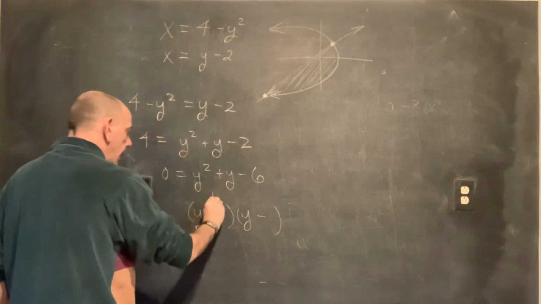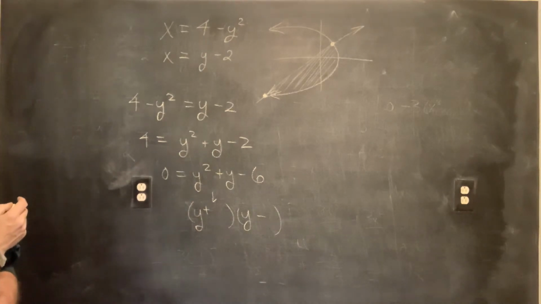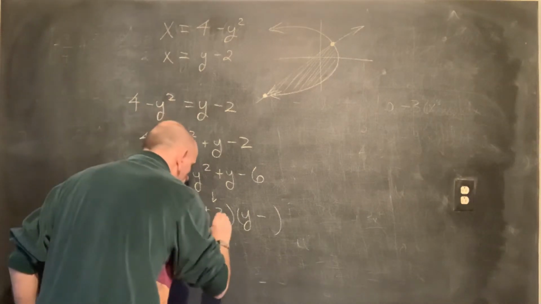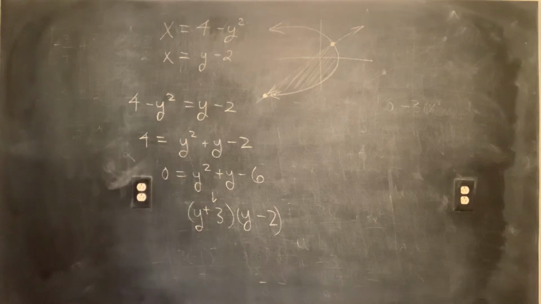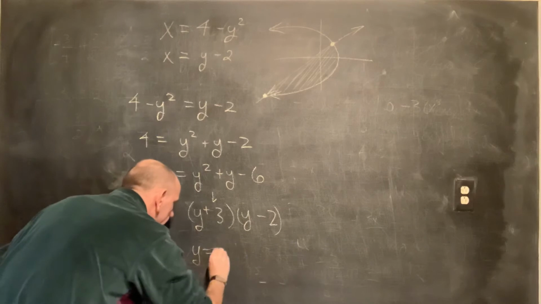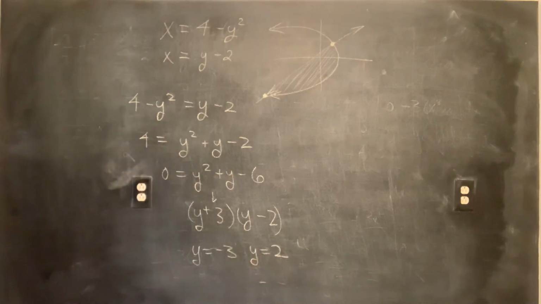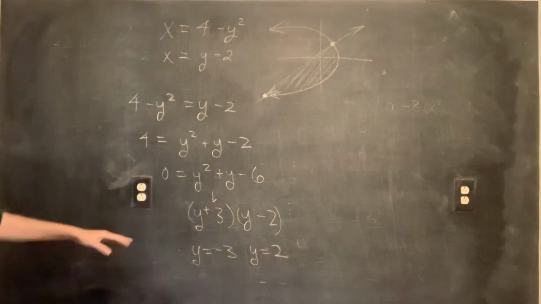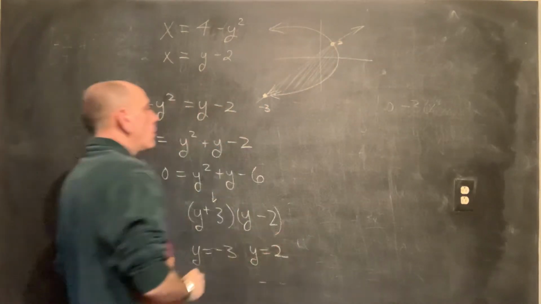Bigger one is positive. I need product to be 6 and difference to be 1. That's 3 and 2. Bigger one is positive. So 3 and 2. And that looks good. So y is negative 3 and y is 2. All right. So we've gotten the intersections, negative 3 and 2. So we know what our bounds are.